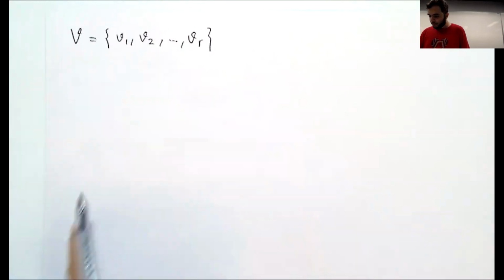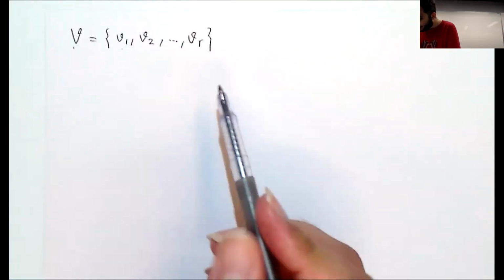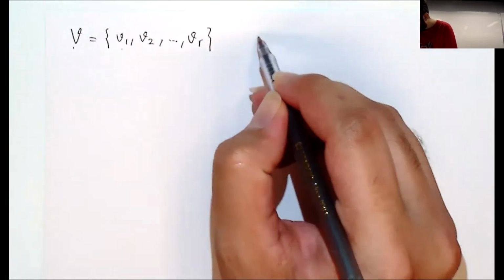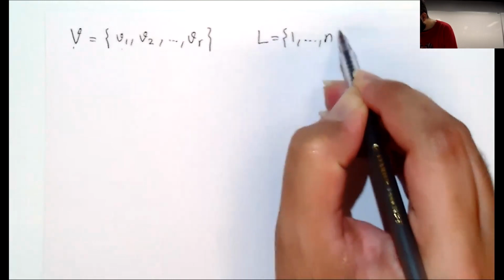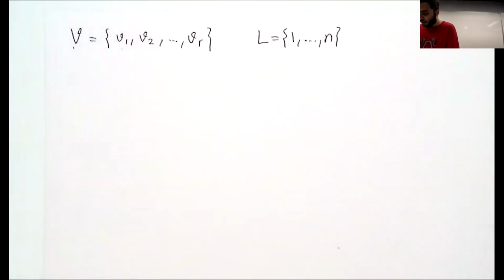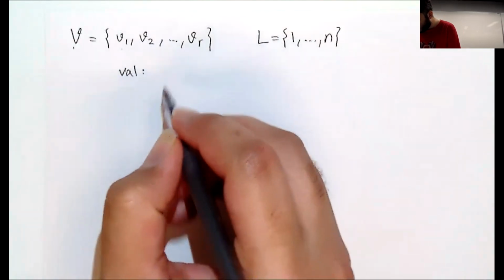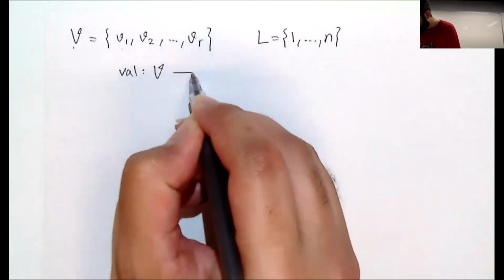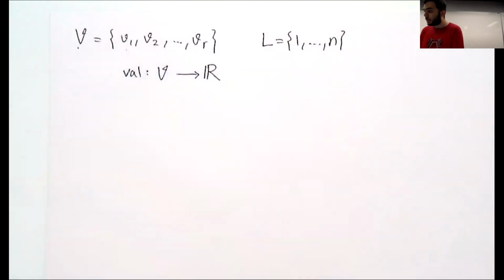Okay, so let's say my set of variables is v1 to vr. And let's say that the lines in my program are lines 1 to n. Okay, so what was a valuation? A valuation was basically a function that maps every program variable to its value, right?